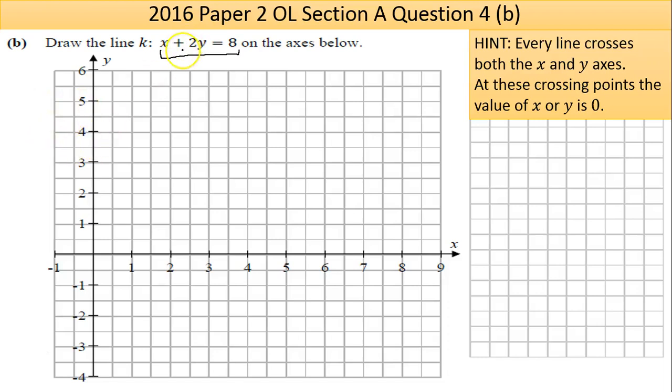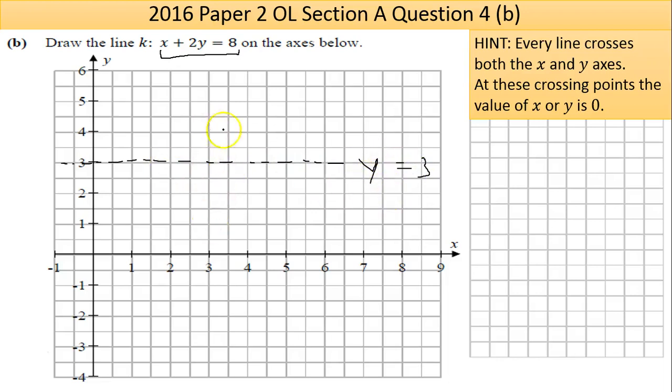So this line, no matter how you cut it, will cut both the x and y axes. The only way it wouldn't is if it was parallel. If you draw a horizontal line here, that's the line y equals 3. You see there's no x value.